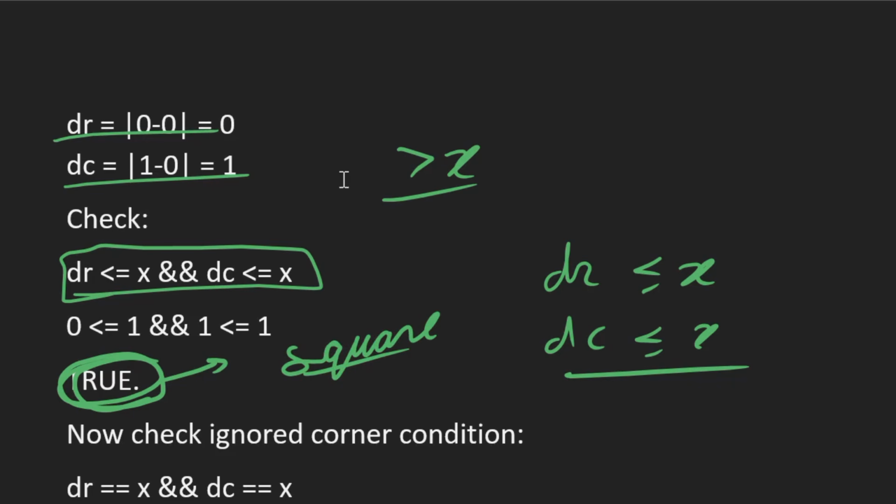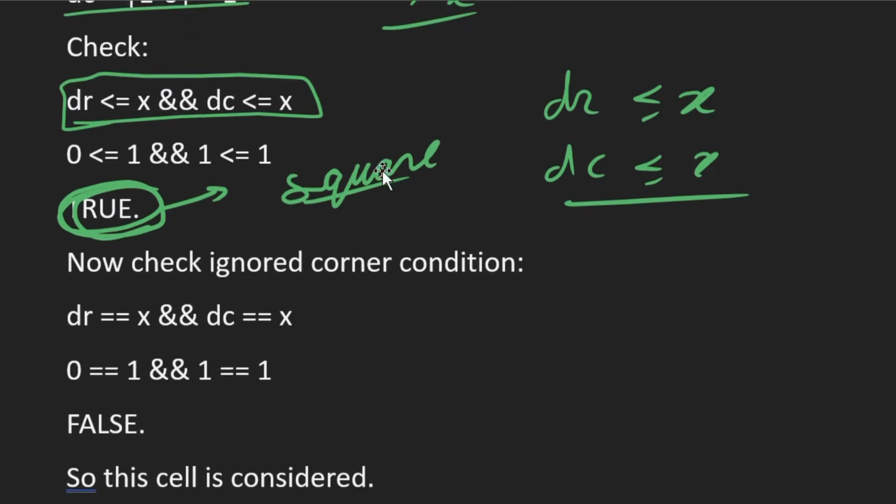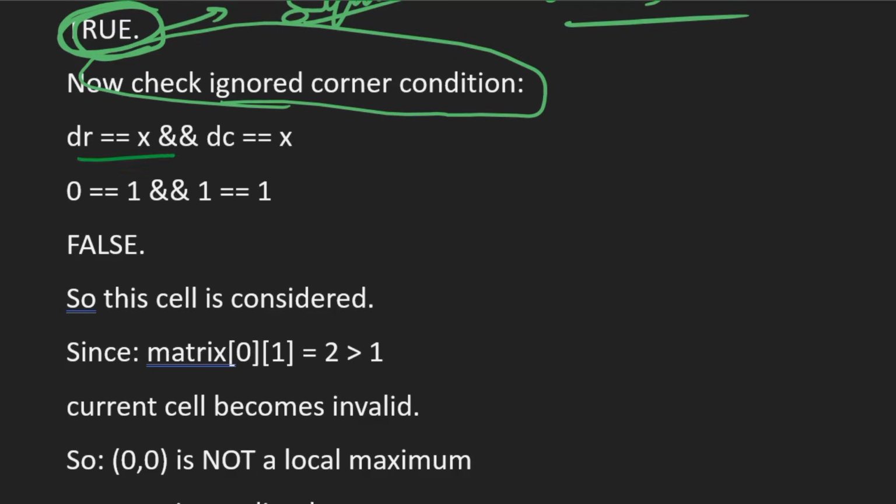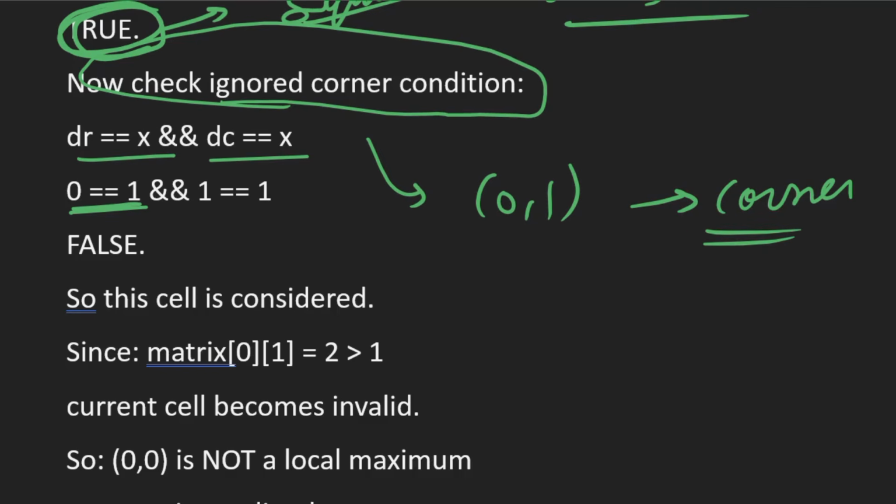The next thing we check is whether it is a corner cell, whether it is present in the corner of the square or not. For that we check if row distance is equal to x and column distance is equal to x. So no, row distance is not equal to x. So this cell 0 comma 1 is not present in the corner of the square.